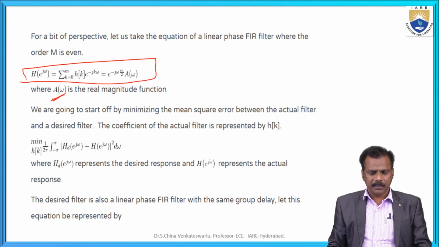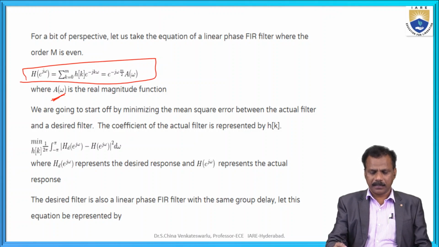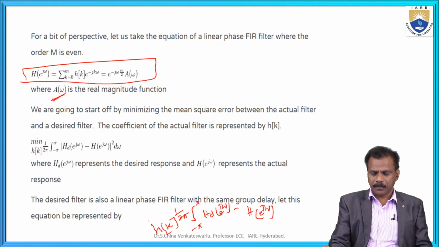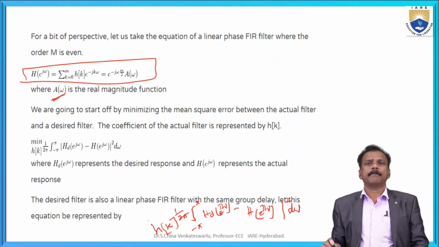We know that. So for this case here, h of k is the minimum of 1 by 2 pi integral from minus pi to plus pi of H_d of e power j omega minus H of e power j omega, squared, d omega.